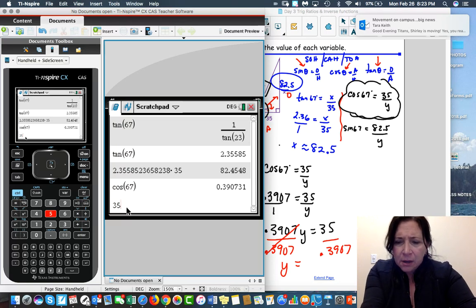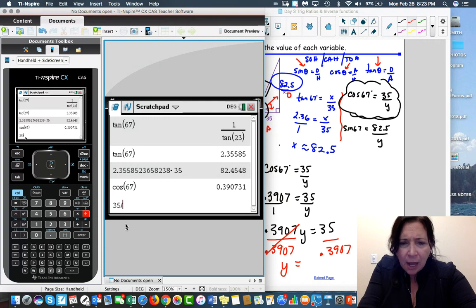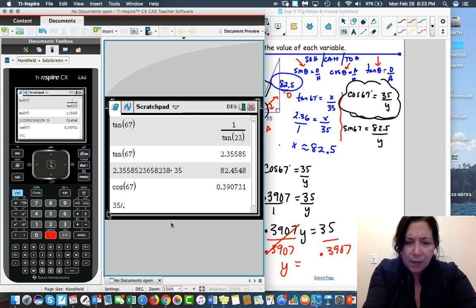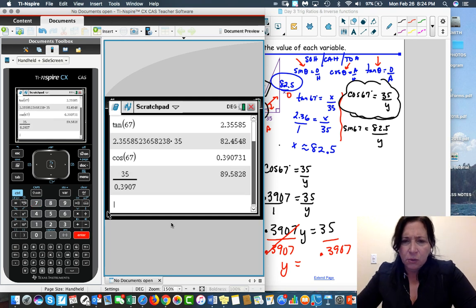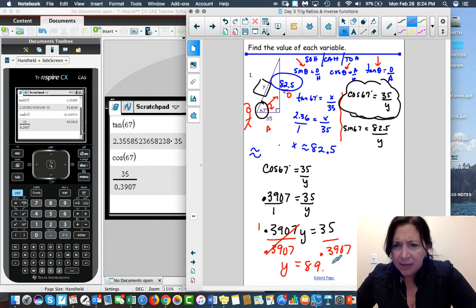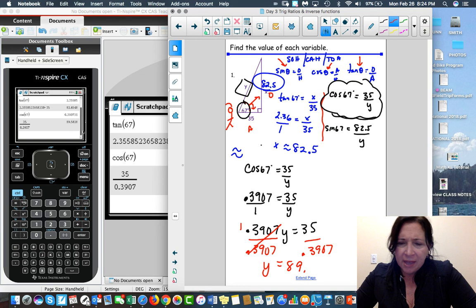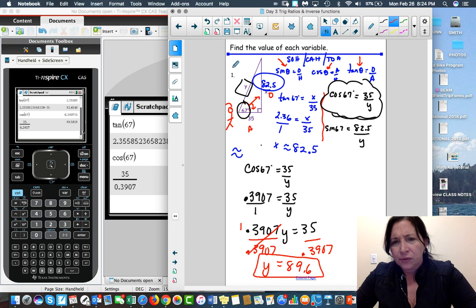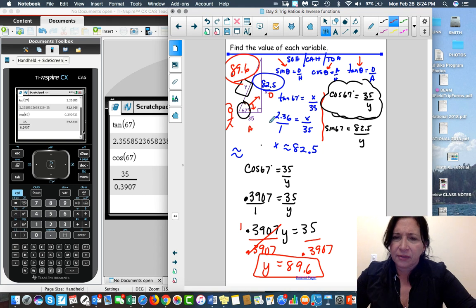I can type in 0.3907 or I can use the value that says answer. If you notice above the minus sign, it says answer. I type in equals, and I get 89.58. So y is approximately 89.58. Because I am talking about a length of a side, I'm going to round that off to the nearest tenth, so 89.6.